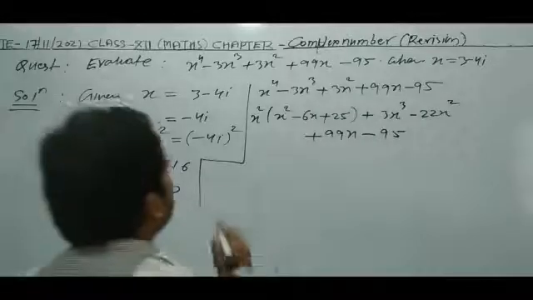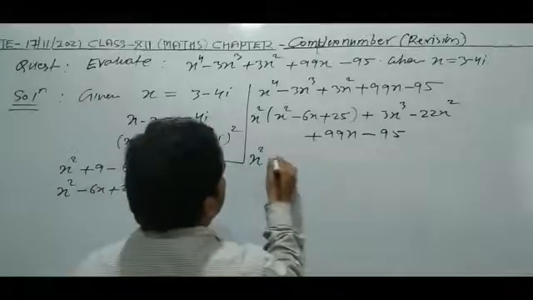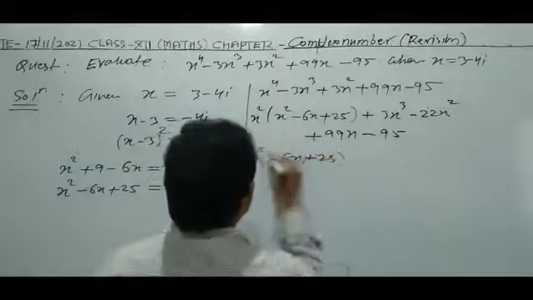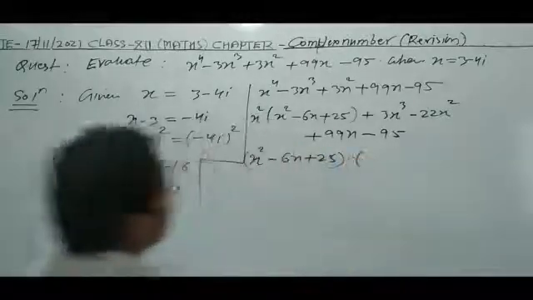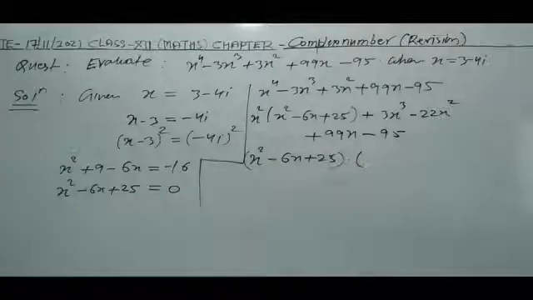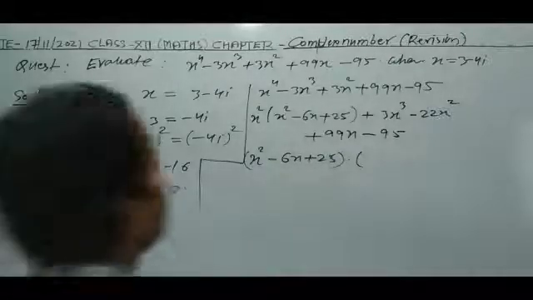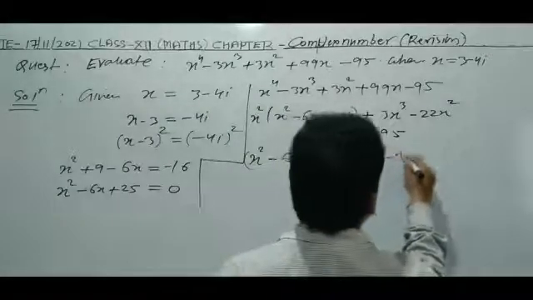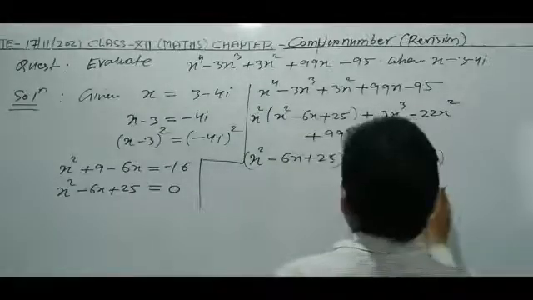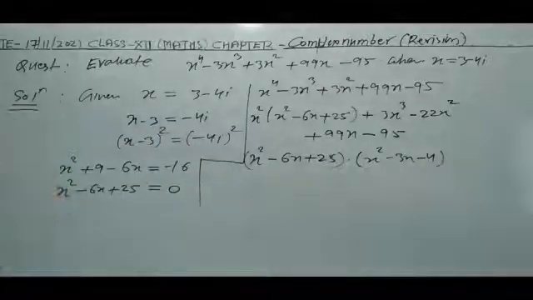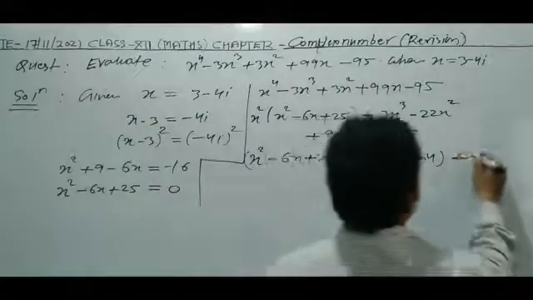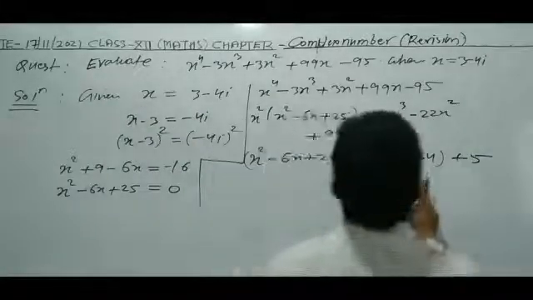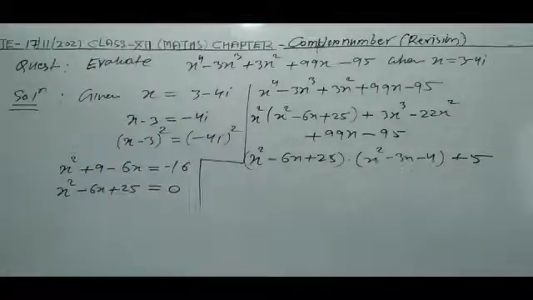Now we can write this format: x square minus 6x plus 25 into x square minus 3x minus 4, and plus 5, because this is 25 into 4, minus 100, and plus 5 gives 95.